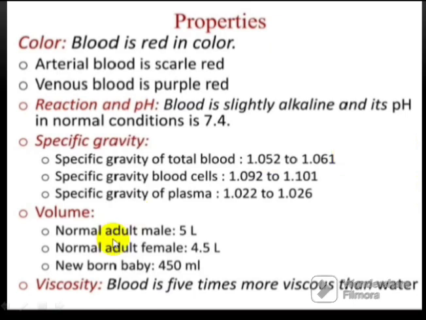Alright. Properties of red blood cell. Let's round up. I've already highlighted all of those properties earlier. Of course, it's red in color. The pH is 7.4, and the volume for male, like I told you, is 5 liters.